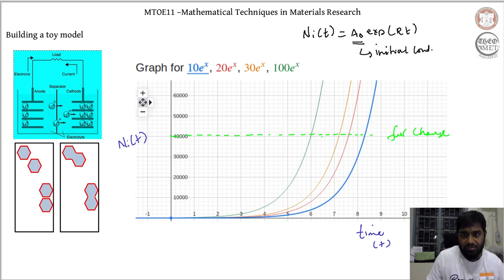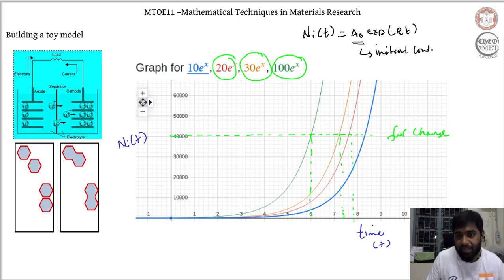So this initial condition requires this amount of time. This initial condition here requires this amount of time. The initial conditions are 10, 20, 30, 100, and depending on the initial conditions, as you can see, the time taken to reach the full charge varies.